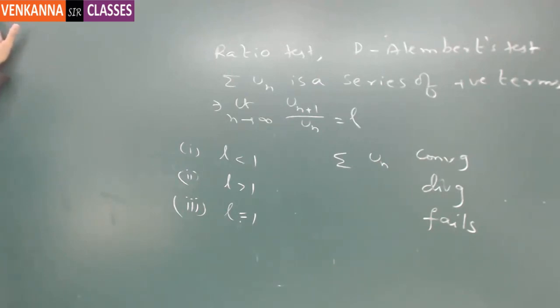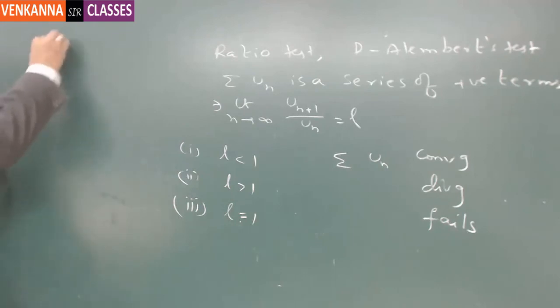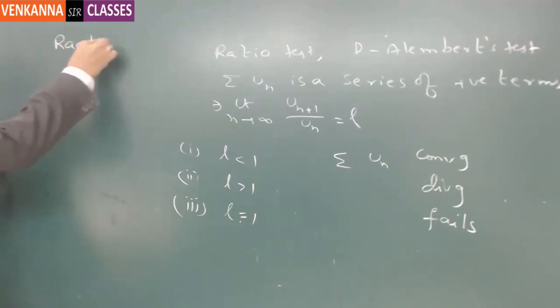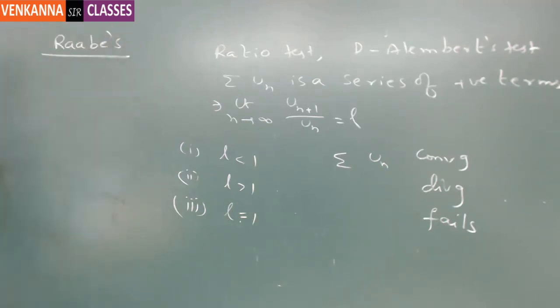And I will give one more test. It is called Raabe's test. Again, you take sigma un, a series of positive terms.